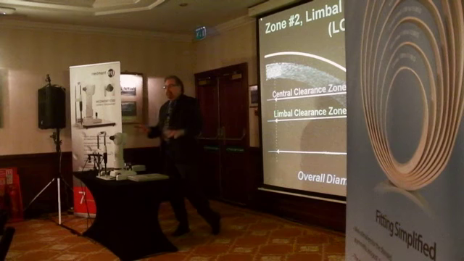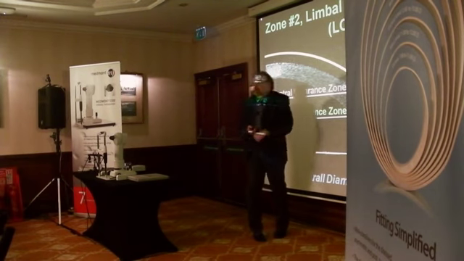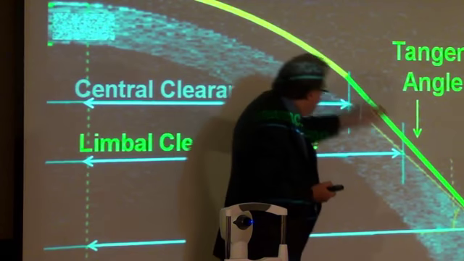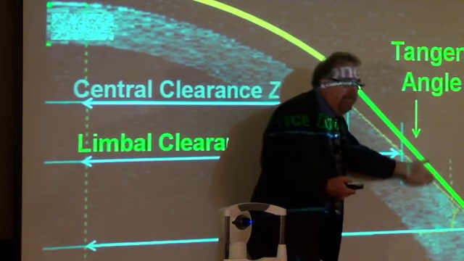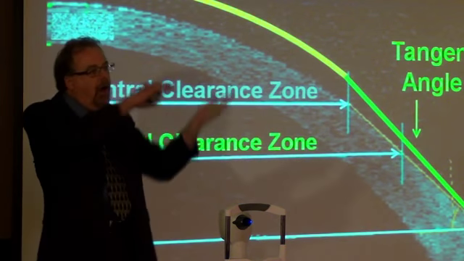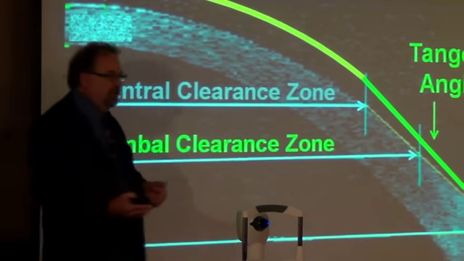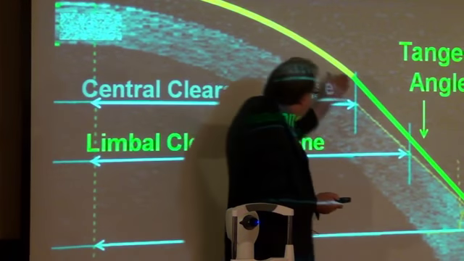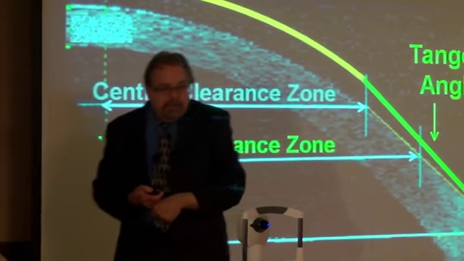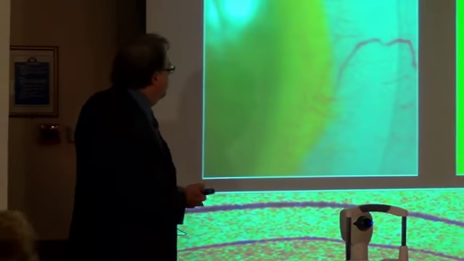Now you have to remember, many manufacturers have designed their scleral lenses with radii of curvature. And the problem with radii of curvature is that they always move in towards the surface of the tissue. The beauty of a tangent in this case is that it very much emulates the shape of the peripheral cornea and the sclera.